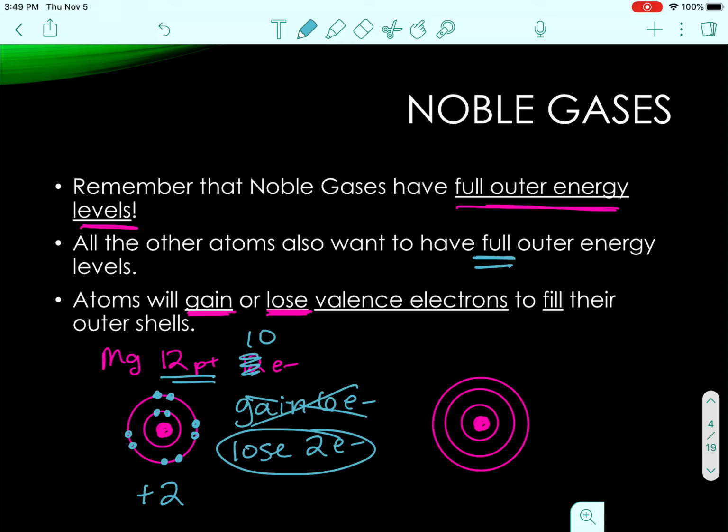Okay, so another example we can look at is, let's look at fluorine. So fluorine has an atomic number of 9, so it has 9 protons. And always assume that it's neutral to start, so it's going to have 9 electrons.